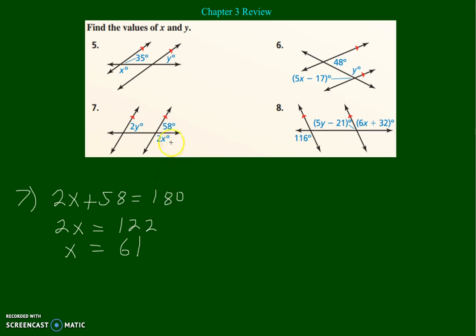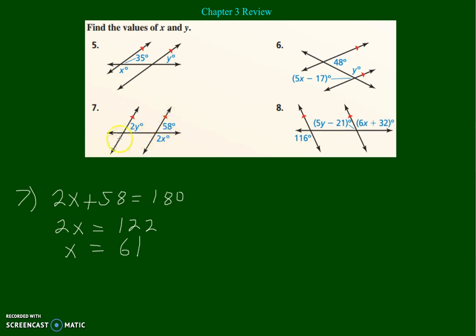Now, since x is 61, we could either use this angle and this angle, or we can just use the standard corresponding angle pair here. So let's go ahead and use the corresponding angle pair because that's the most straightforward.